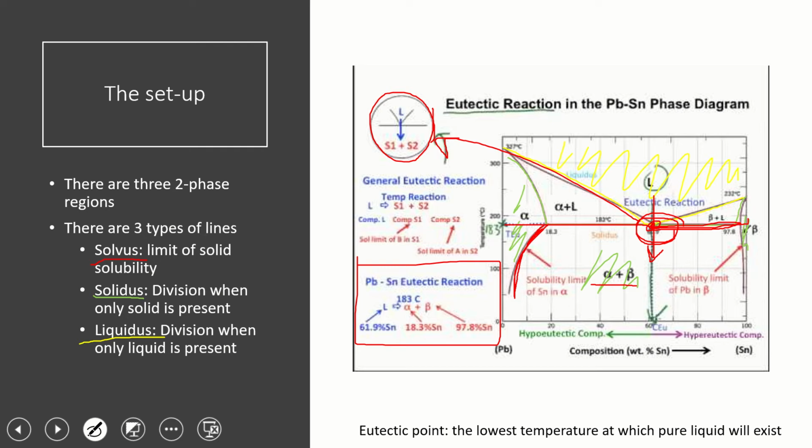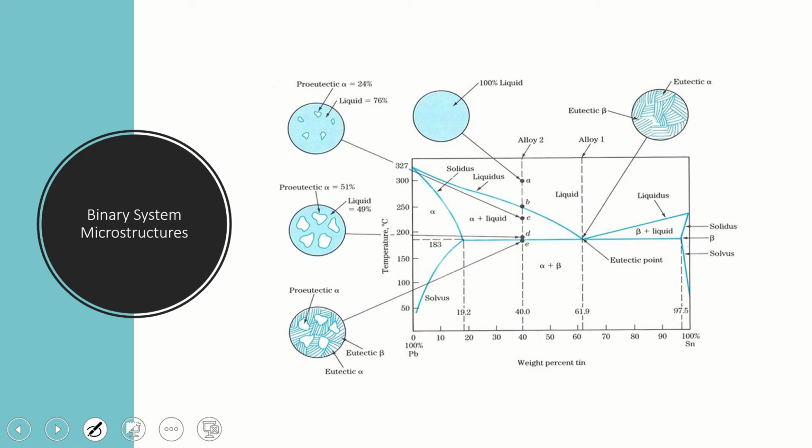So now, let's go ahead and see the different microstructures that happen in this type of diagram. In the binary system diagram, we have a couple of different types of microstructures. In the liquid phase, point A, we have 100% liquid. So this would be the microstructure.